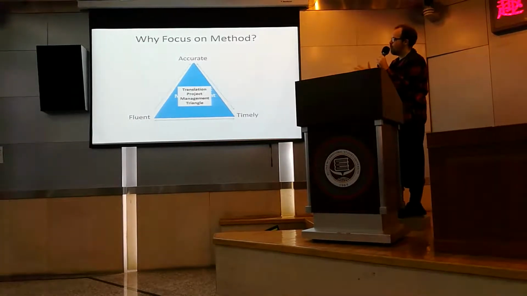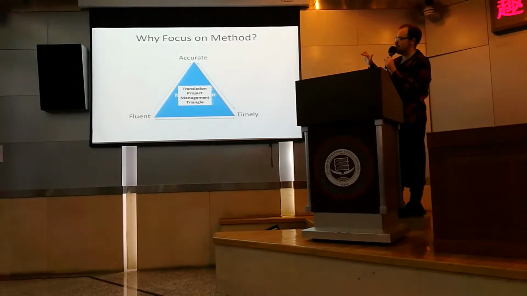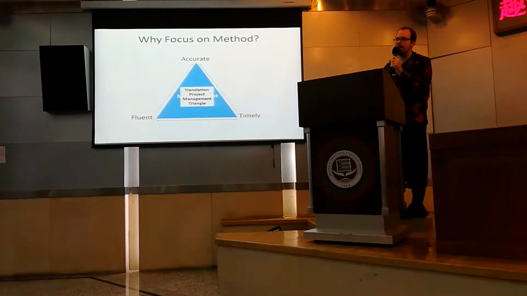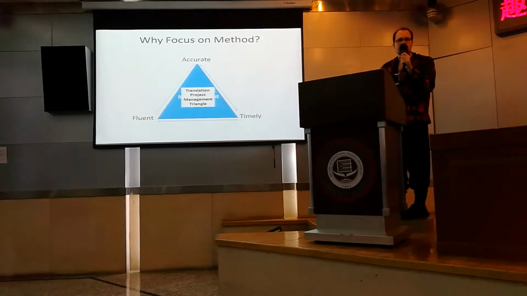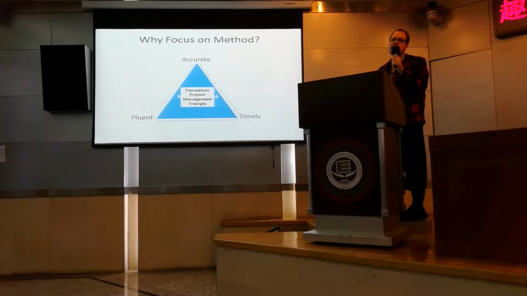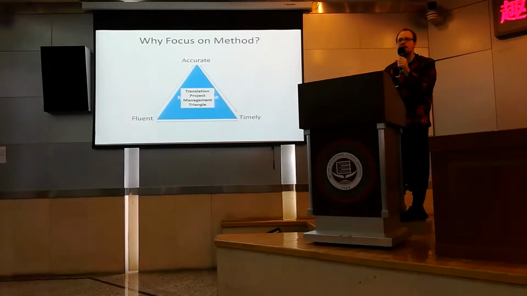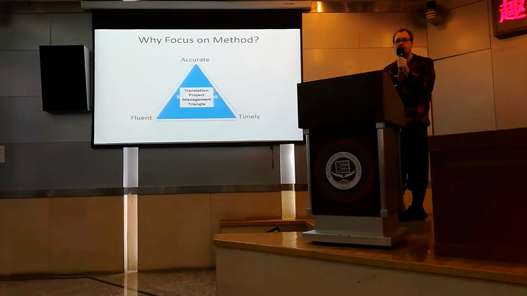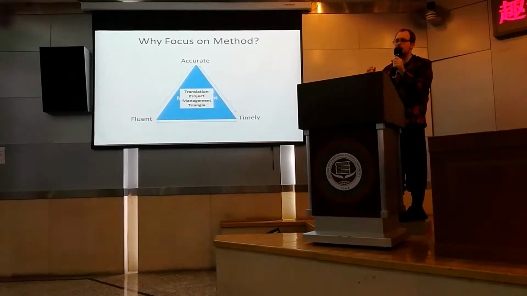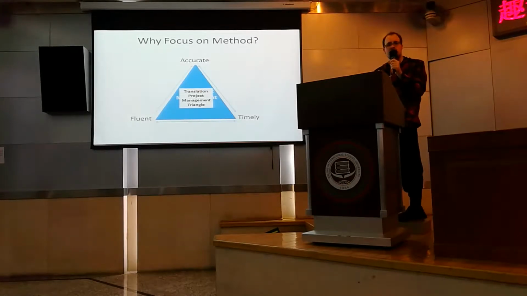So what I've done is I've replaced the three sides. So you can see accuracy, fluency, and timeliness. If I think about the three most important things that you should achieve as a translator, that's basically the three most important things. So obviously accuracy means that you haven't changed the meaning, that the basic message is the same. Fluency means that it reads smoothly, it reads like a native speaker text.